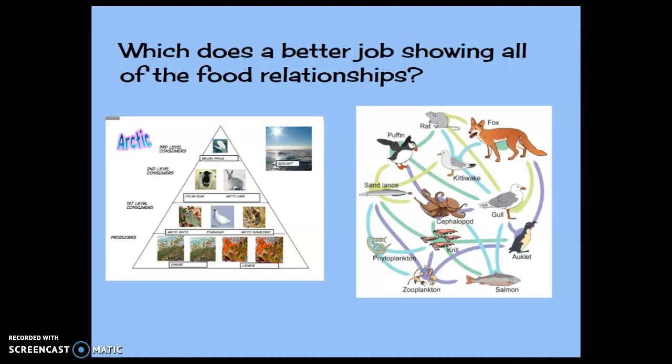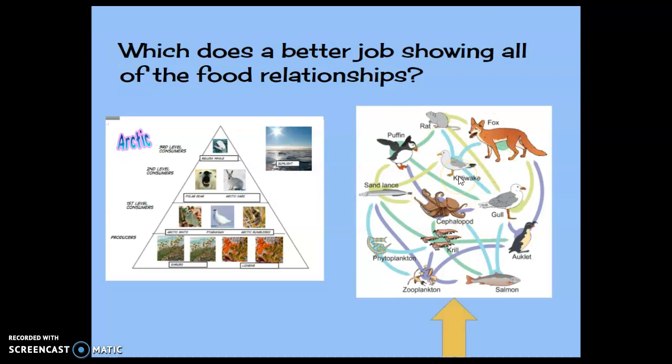All right, so now it shows you both the energy pyramid on the left and on the right it shows a food web. Which does a better job of showing all of the food relationships here? And the answer to that is the one here to the right, which is a food web.